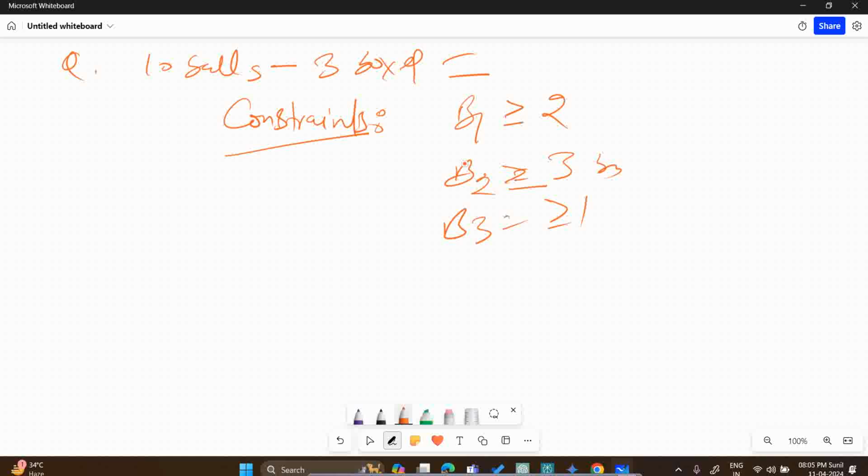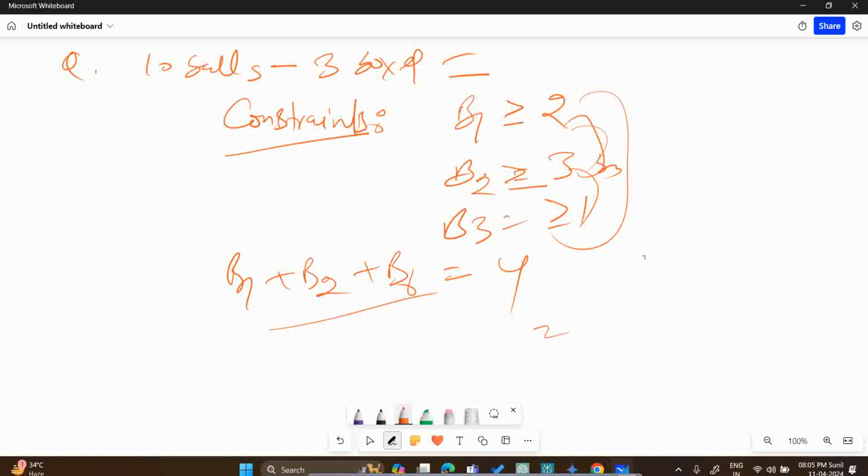So we can fulfill these constraints, since the total is 2 plus 3 plus 1, 6 already. So box 1 plus box 2 plus box 3 equals 10, leaving 4 balls, and it will be 6C2 as the answer. Hope you understood this question.